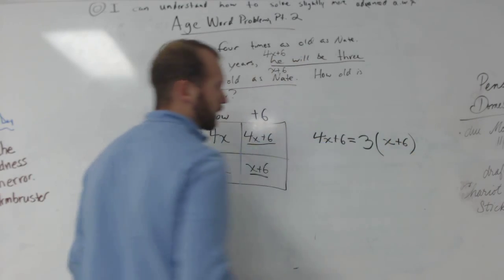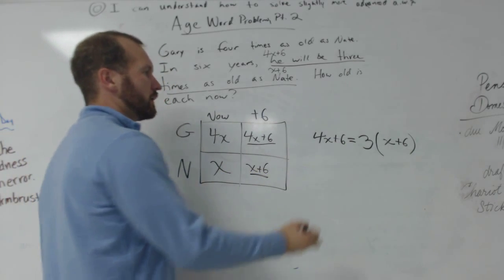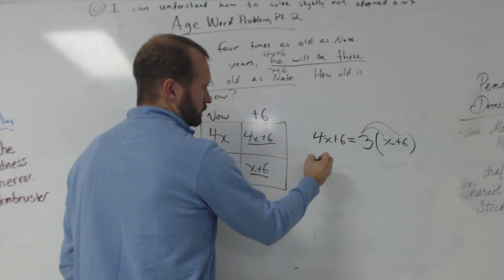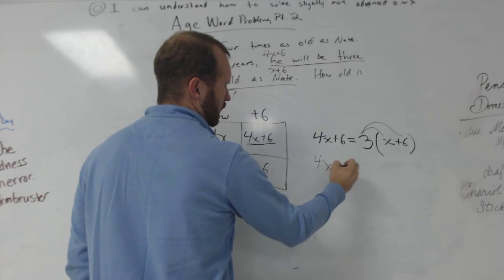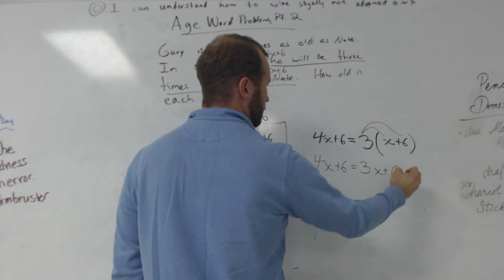Can we do distributive property? Yeah, this is why we've learned the distributive property before we learned these. We need it to solve this problem. So here we have 4x plus 6 equals 3x plus 18.